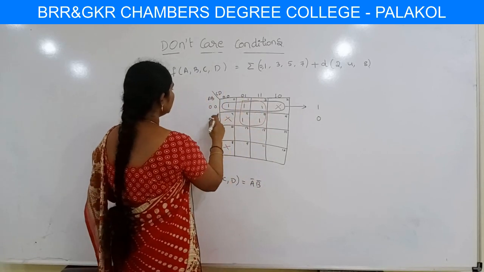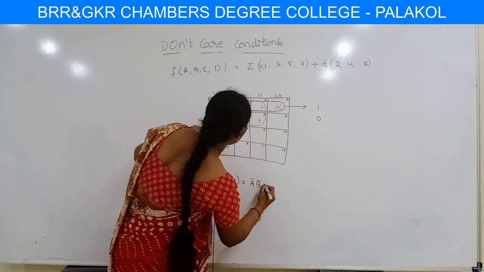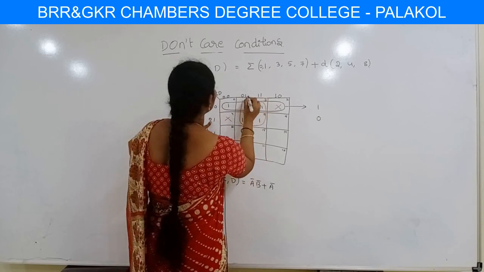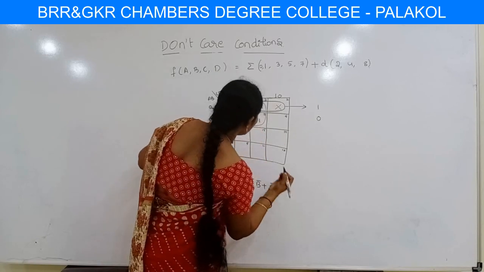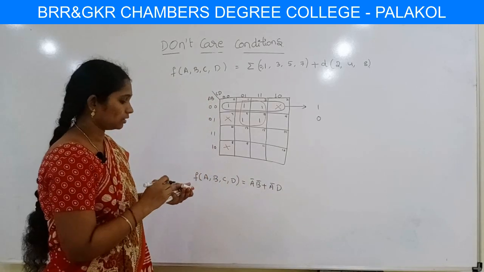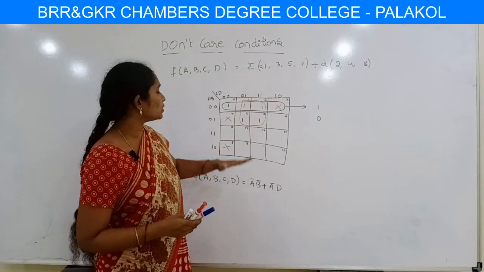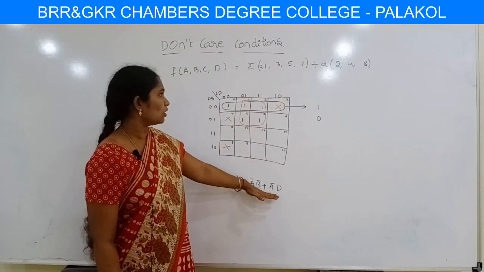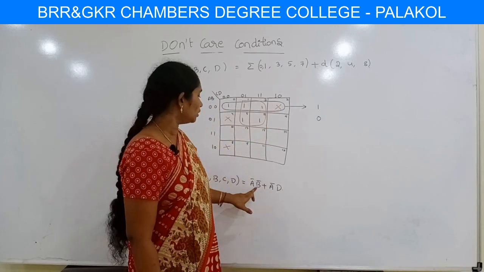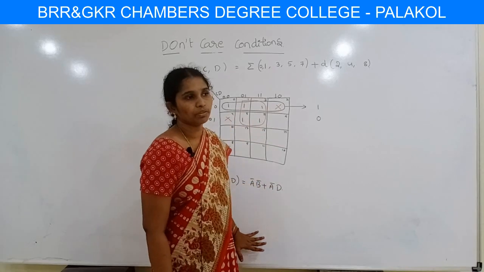For this, a is constant, and d is constant. So a bar b bar plus a d bar. For this question, we simplify these numbers and obtain this expression. So by using the don't cares, we reduce the number of expressions. That means the number of min terms are reduced. Okay. Thank you.